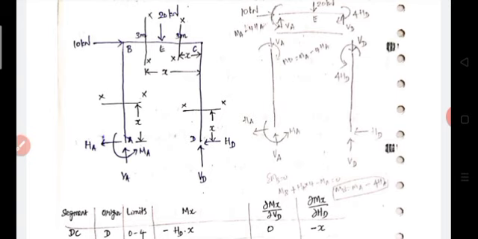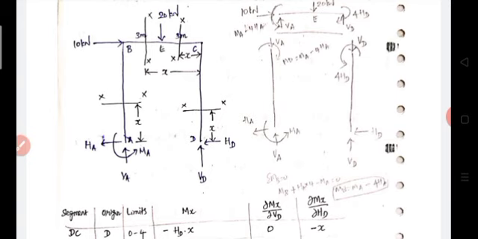Then the moment. I consider the right side of the section. On the right side there are 3 forces. The first one is the VD force. It is a vertical force, and it creates a sagging moment about section XX. The perpendicular distance will be x.